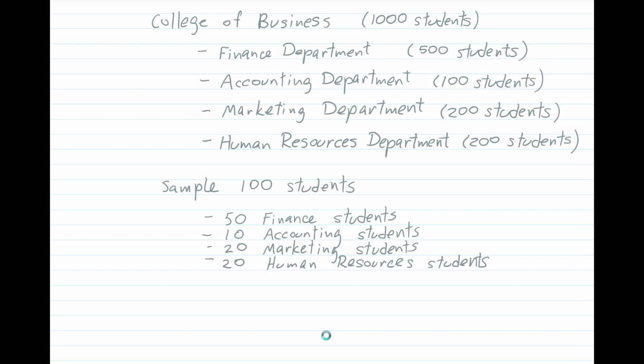So I do the same proportion in my sample. 1/10 of the sample I choose from accounting. 1/10 of 100 is 10, so I randomly choose 10 accounting students. And so on and so on. That's what's called choosing them proportionally. Okay? And that's called a stratified sample.